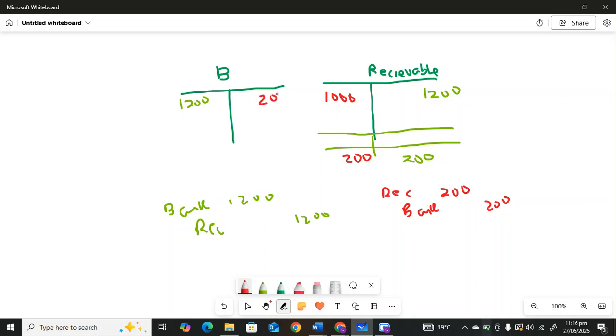Okay. And then on your bank account, it should remain as 1,000. So this debit entry for the receivable, this refund, is the one that's going to appear on the debit side of the control account. Any questions?